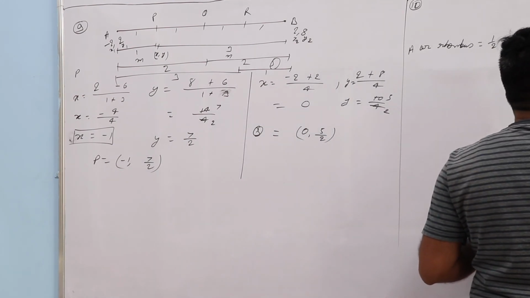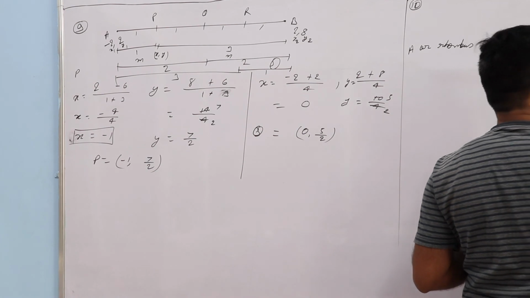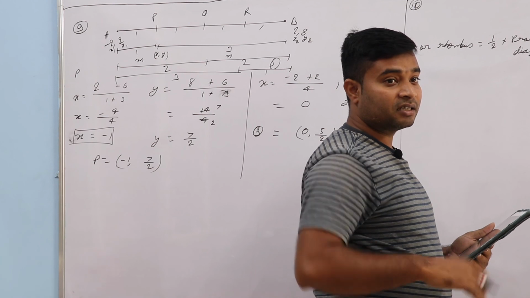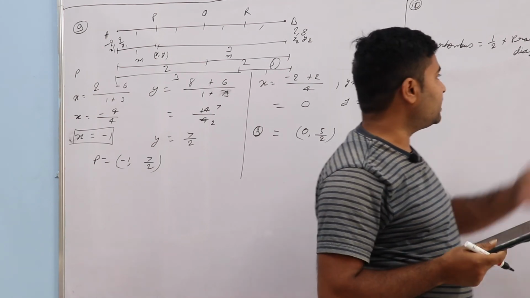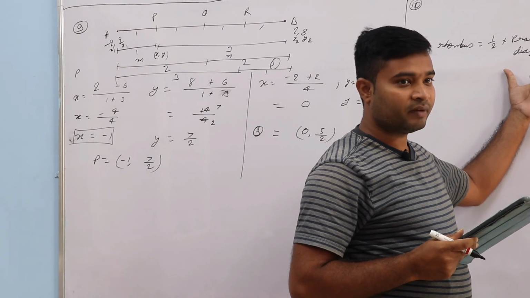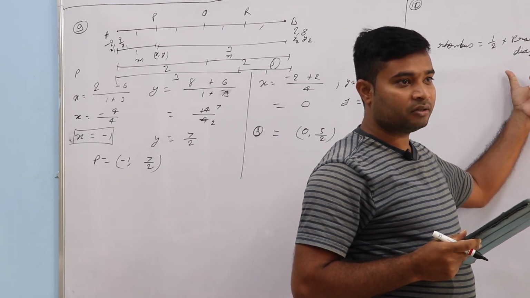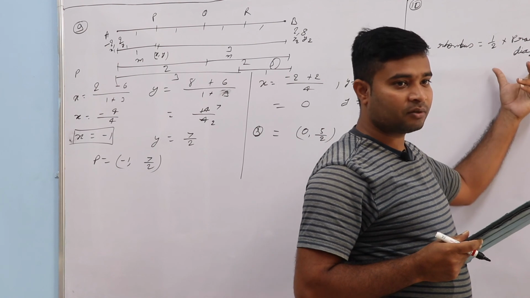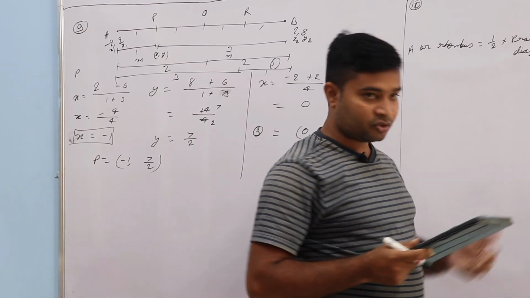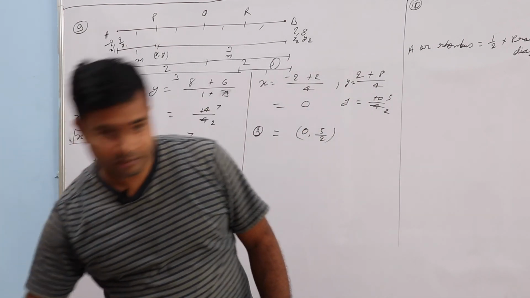This is a diagonal and this is also a diagonal. Should you apply the section formula here? Why? They are saying product of diagonals, so we should find the distance of the diagonals. We will find both diagonals by the distance formula and multiply with 1 by 2.